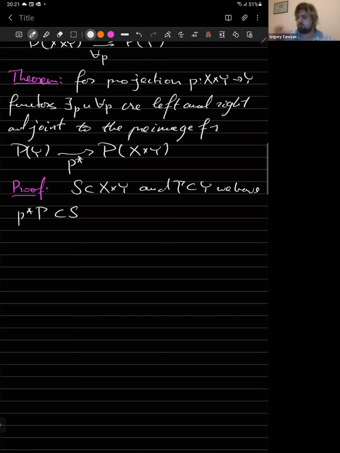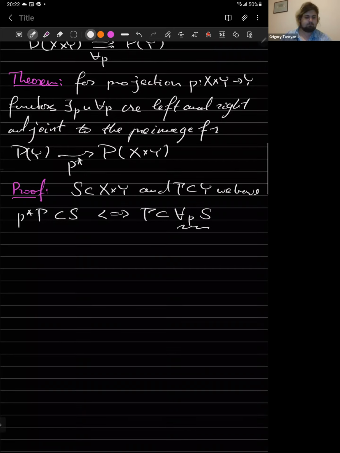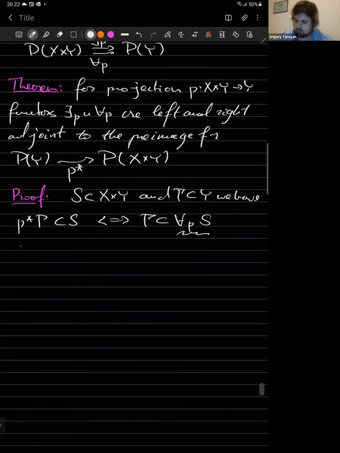So p star of T is a subset in S if and only if T is a subset in the projection of, well, in this thing here. And this is just from the definition of for any sub p of S.